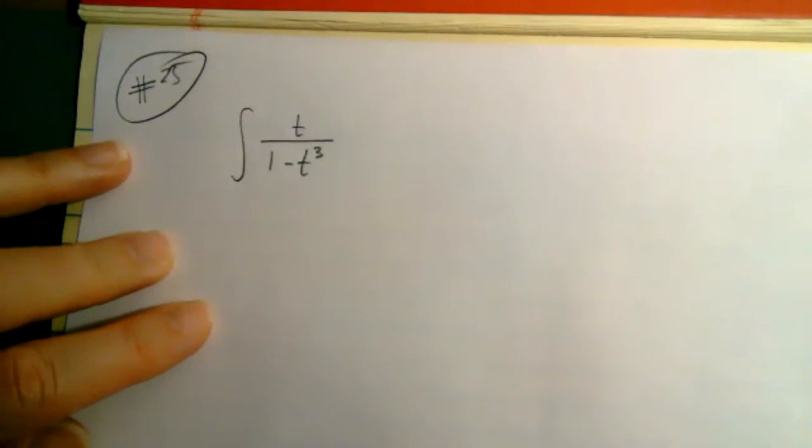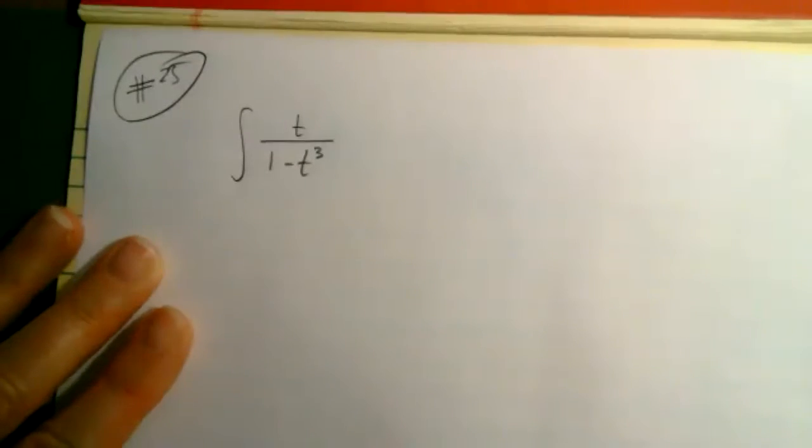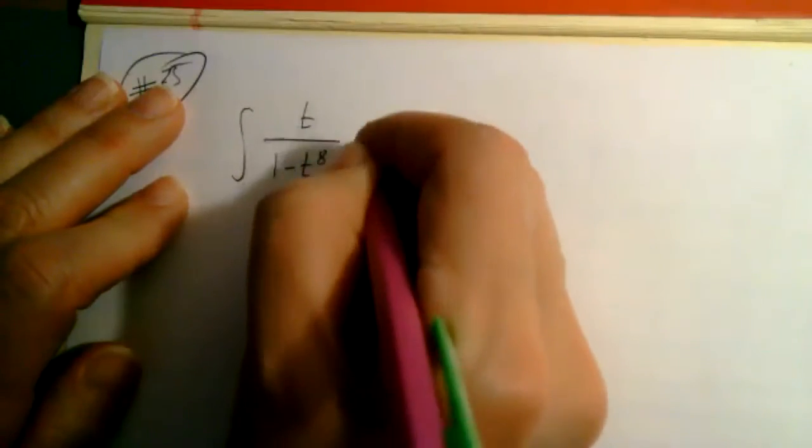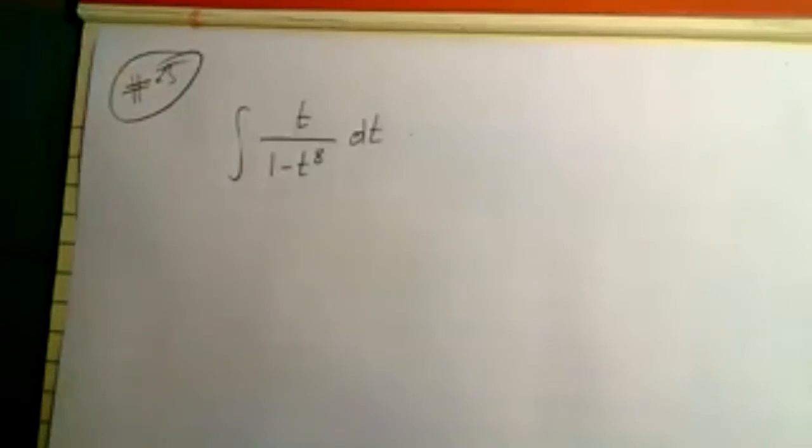So this is the integral of t over 1 minus t to the power 8 dt. Okay, that's it.